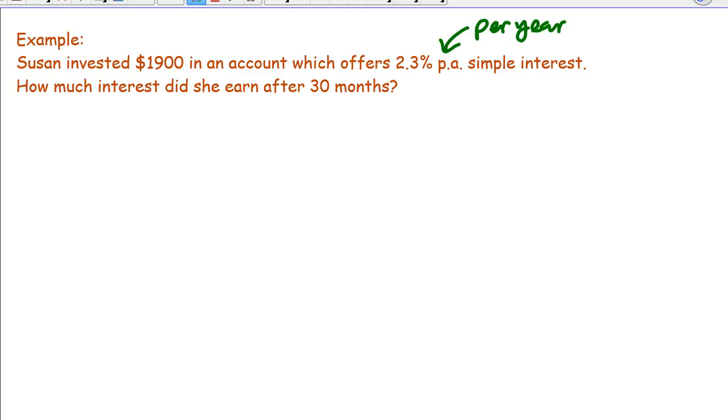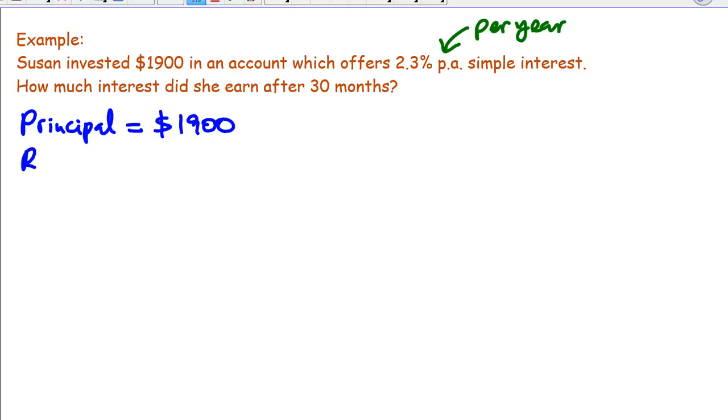Okay, let's start by writing down what we have. So the principal here is the amount of money initially invested, which is 1,900.